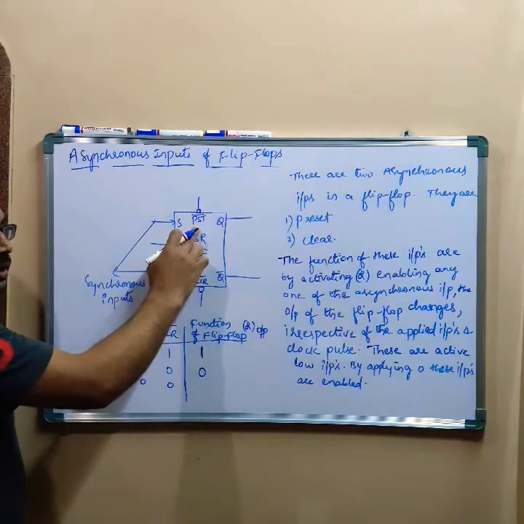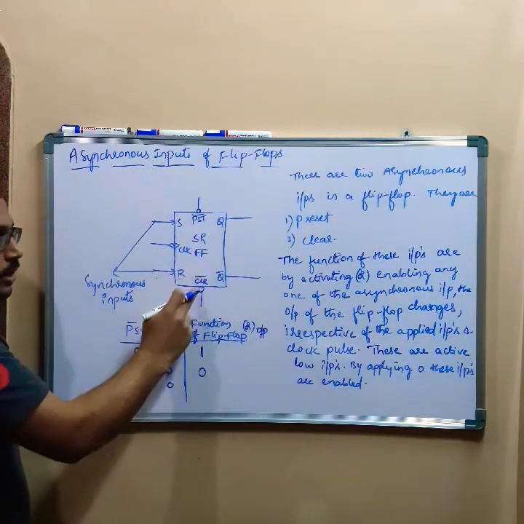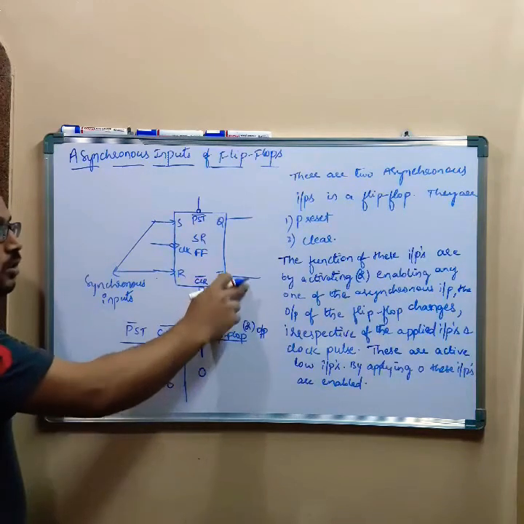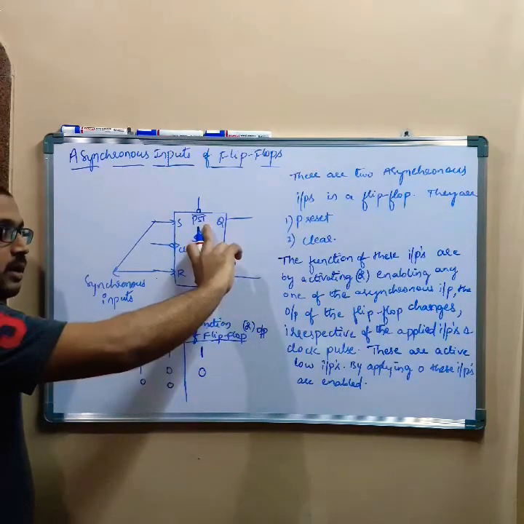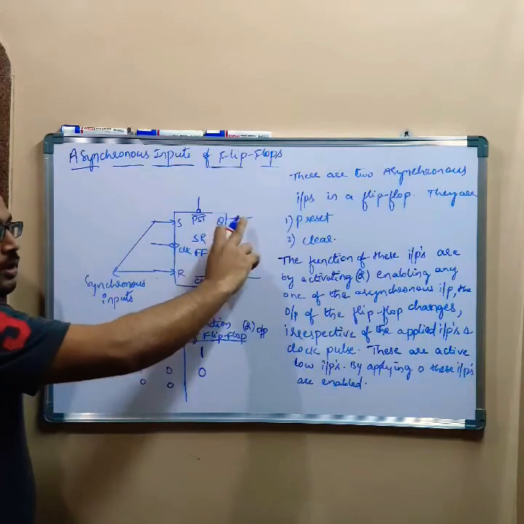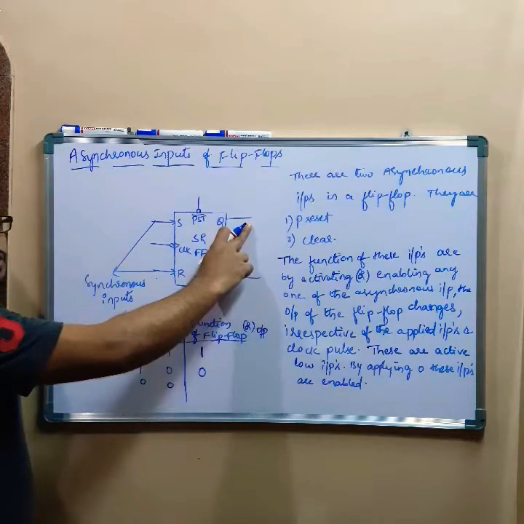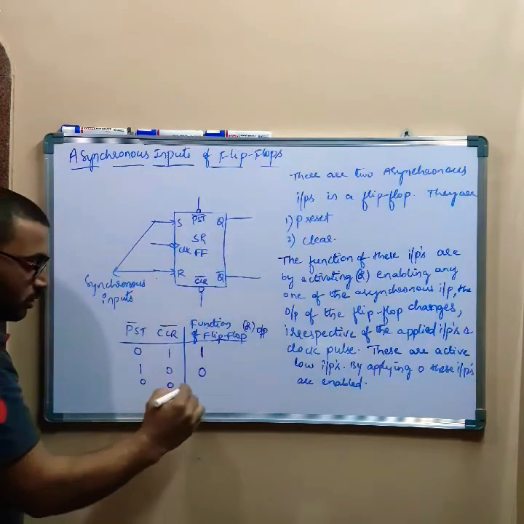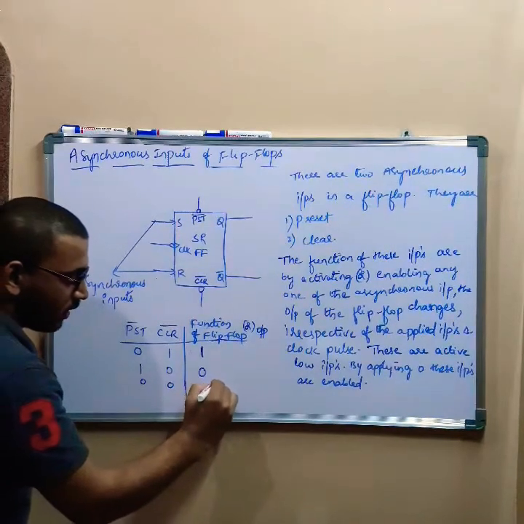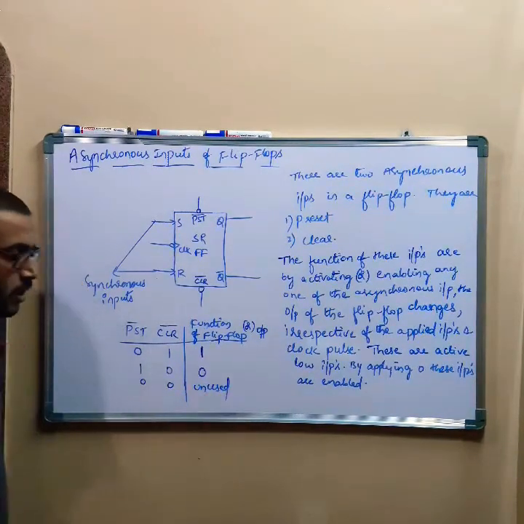By activating preset, it produces output 1. By activating clear, it produces output 0. If you simultaneously activate these two inputs at a time, the flip-flop doesn't know which output it has to produce. So this is invalid, unused.